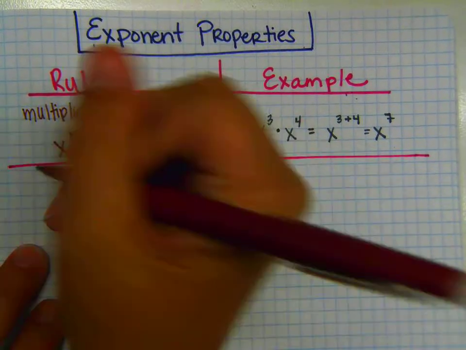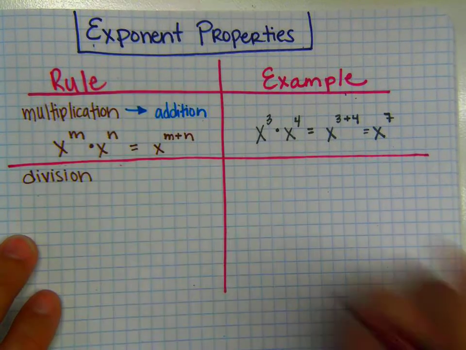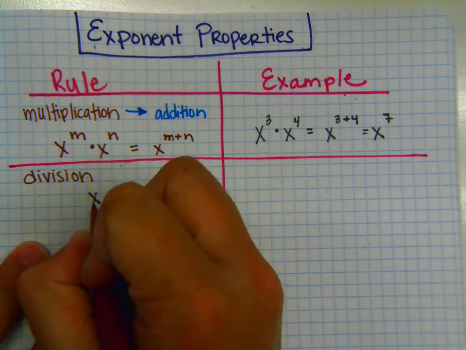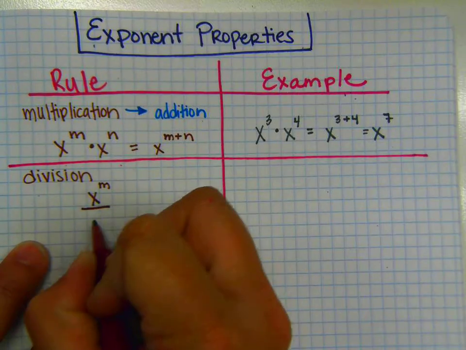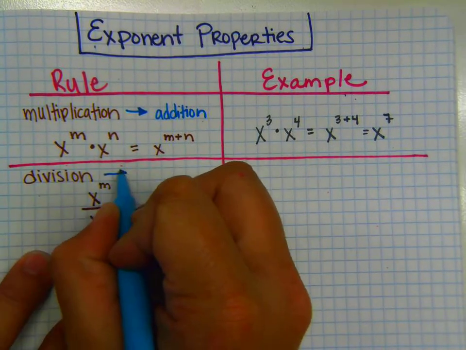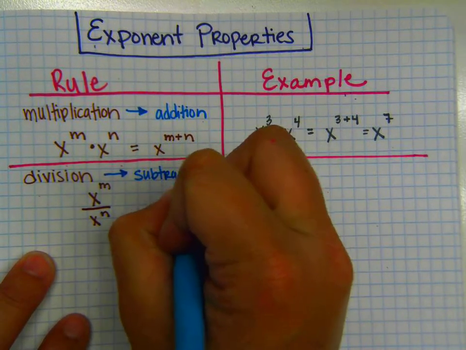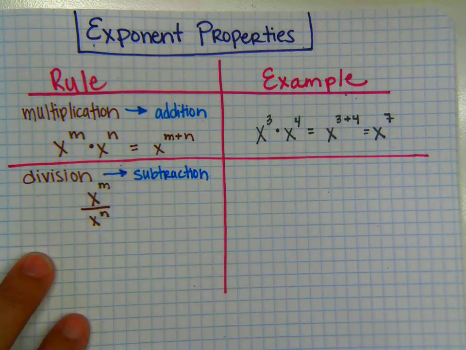The next rule is going to be division, which would look like x to the m over x to the n. And when you have division, you're going to use subtraction, which means you subtract the exponent.